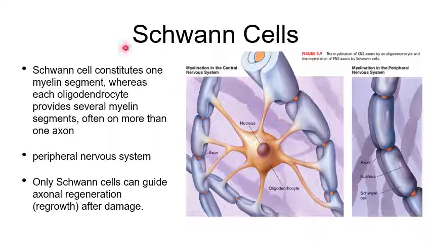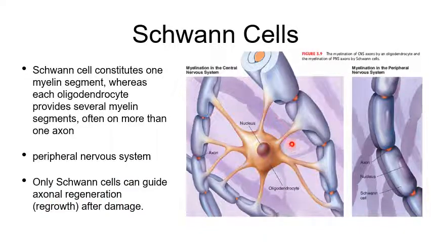The Schwann cells are restricted to the peripheral nervous system, while the oligodendrocytes are found in the central nervous system. And only Schwann cells can guide axonal regeneration or regrowth after damage.